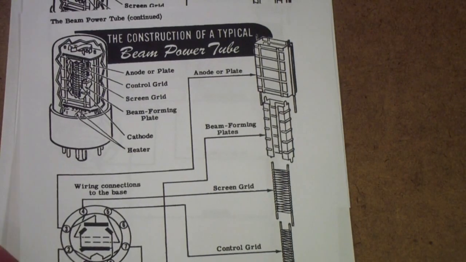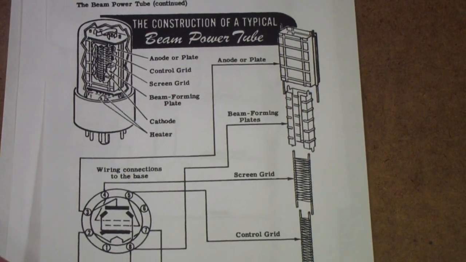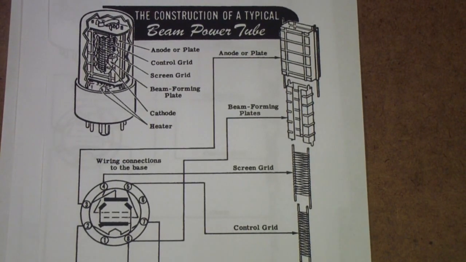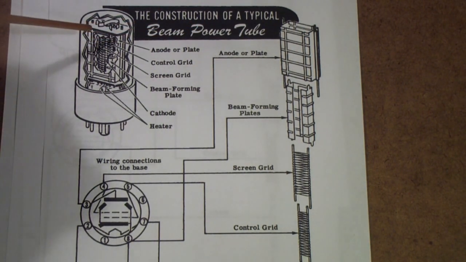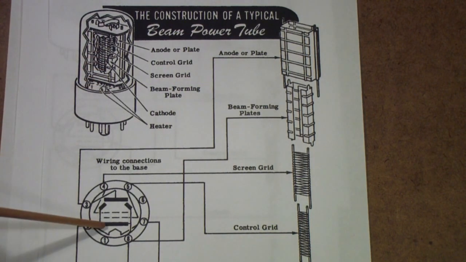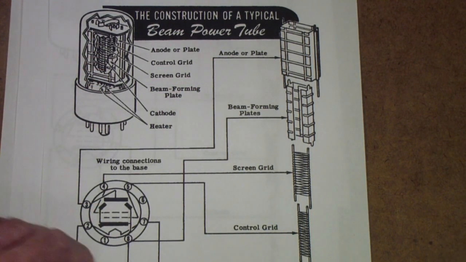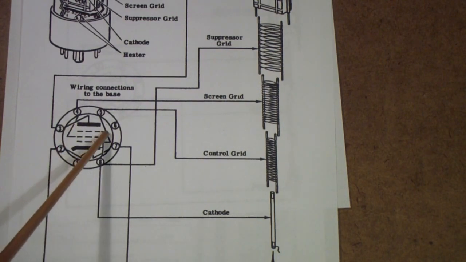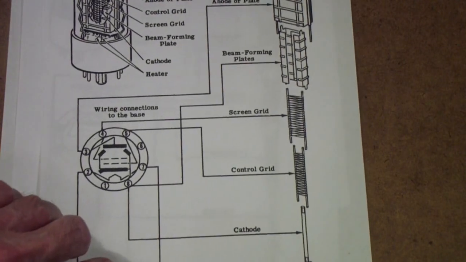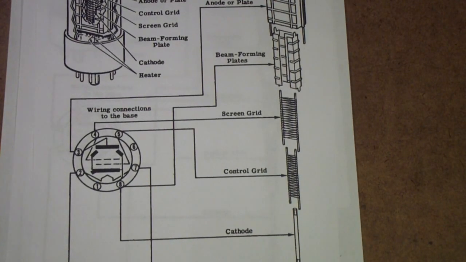There was another kind of tube that was developed, once again, largely to get around patent problems, called the beam power tube. And the only difference between this and the pentode is, notice the pentode has a suppressor grid, and the beam power tube just has plates to suppress the emission rather than a grid.